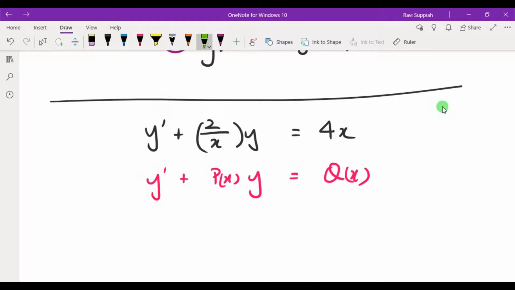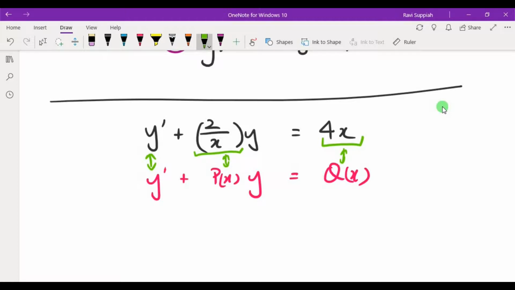You can see that y prime is in the same position, and we have a y and y over here, so that means p(x) is 2 over x, and finally q(x) is 4x.